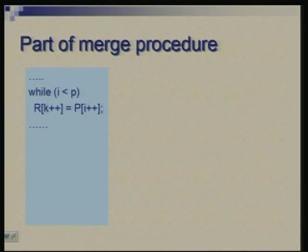So, here I am showing part of the code of merge function. Okay. You remember, after the main loop there was one loop where you were transferring elements from P to R after one of the arrays has been exhausted.